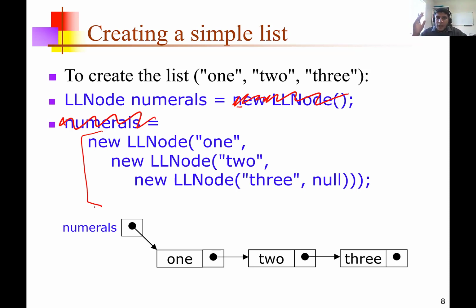I don't want to confuse you, but there are two ways to write the head node. Some refer to the head node as a separate node that doesn't have any value. It only has the next, which is what this one is doing. While others are saying head is only a reference to the one that has the value, right? I prefer the second one. So I would say ignore this and write it as LL node numerals equal new LL node and all this thing, right?